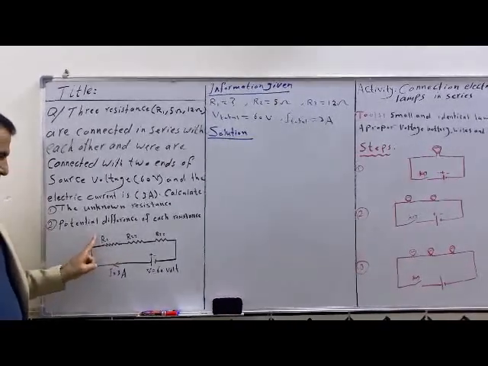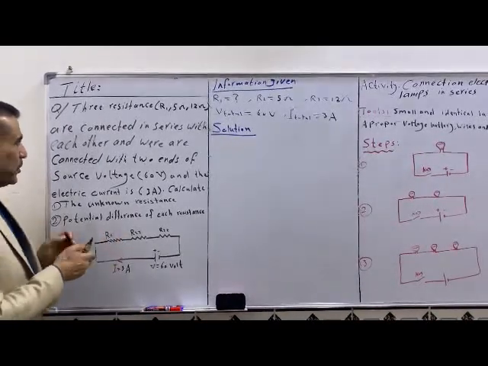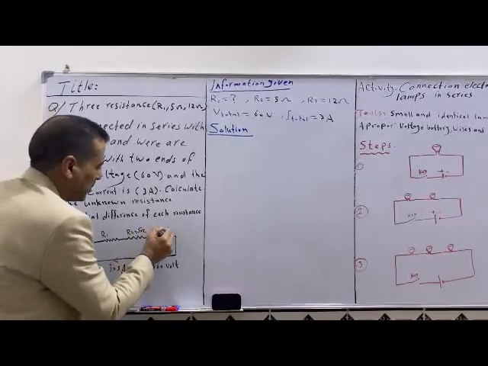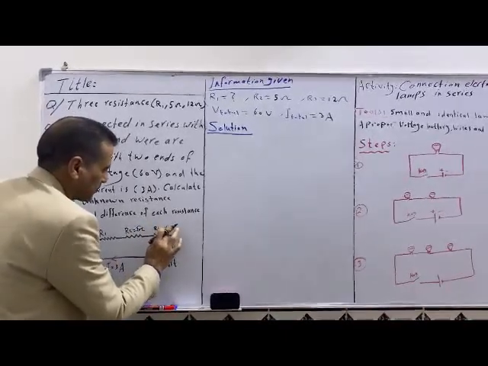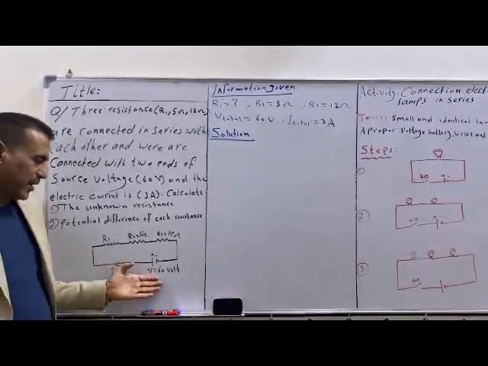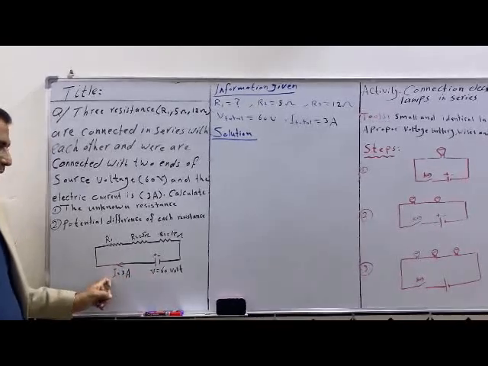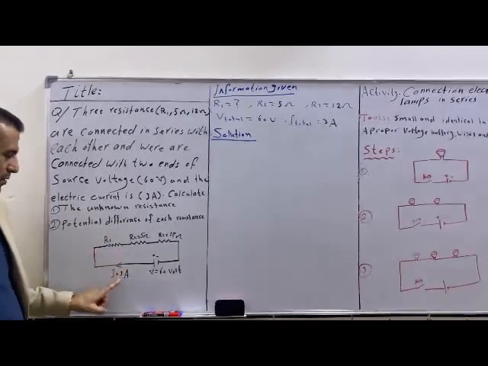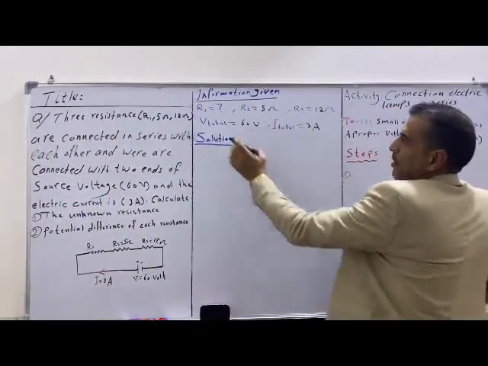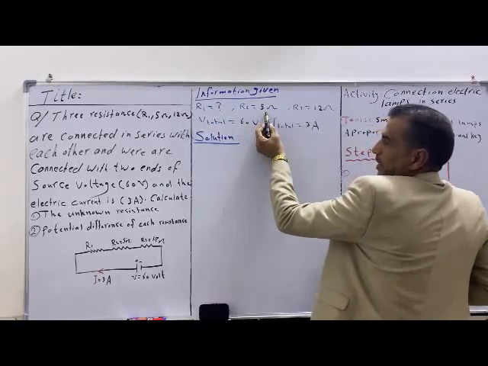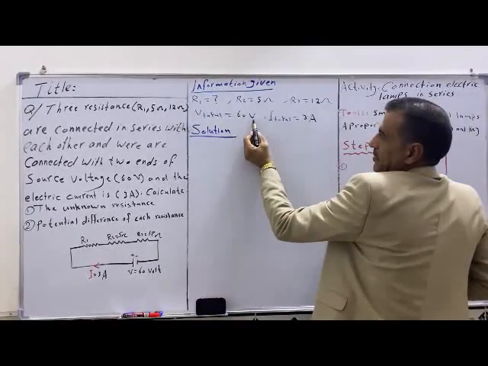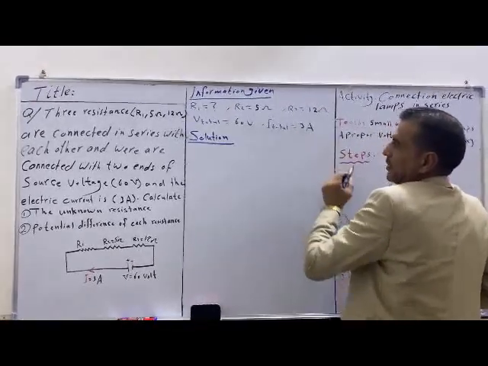R1 is unknown, R2 equals 5 ohm, and R3 equals 12 ohm. The potential difference of the battery equals 60 volt, and the electric current flowing in the circuit equals 3 ampere. Information given: V total 60 volt and I total 3 ampere.